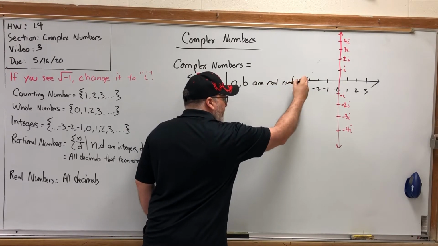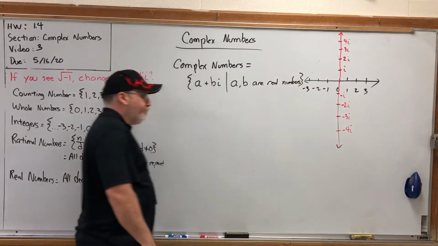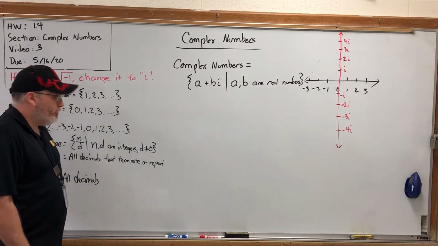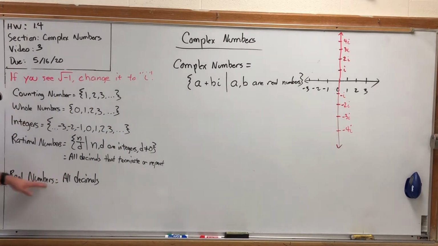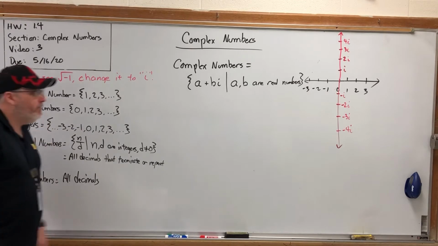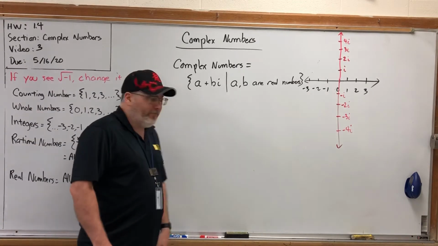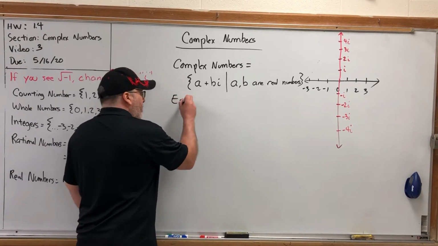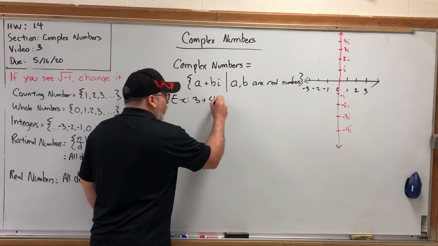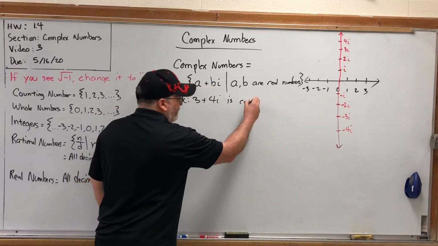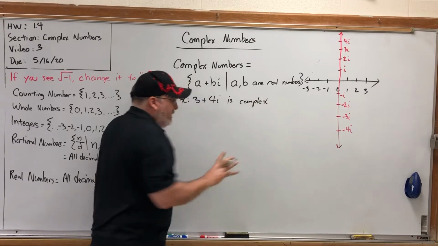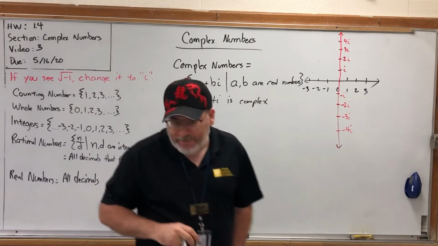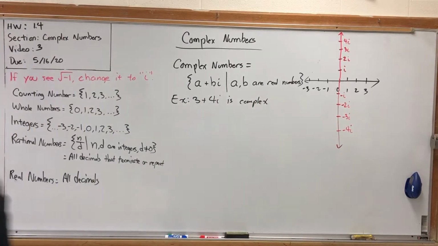In other words, you take two real numbers, so any two numbers on the number line, you put one here and you put one there. So for example, 3 plus 4i is complex. And by the way, the word complex here doesn't mean difficult. It means made up of more than one part, like an apartment complex.